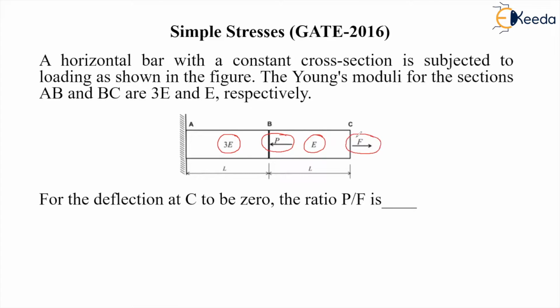It is given that the deflection of point C is 0. It means that delta L at point C is 0. If this is the condition, then we have to find out the ratio of P by F. So let us solve this problem.